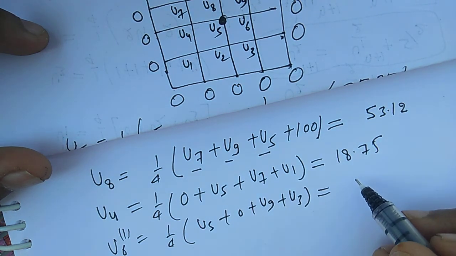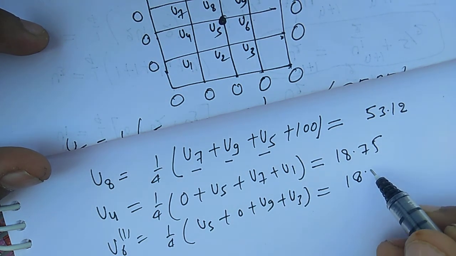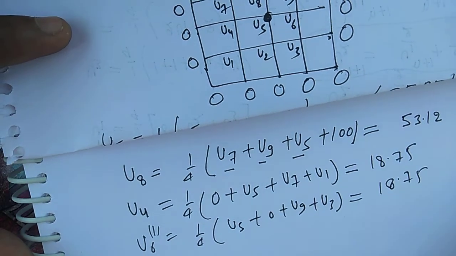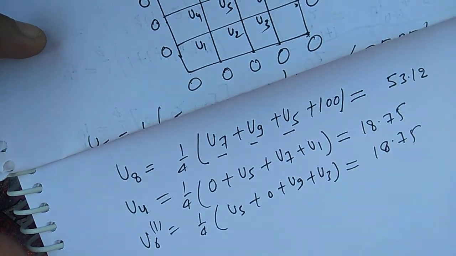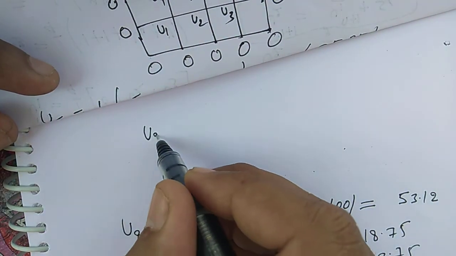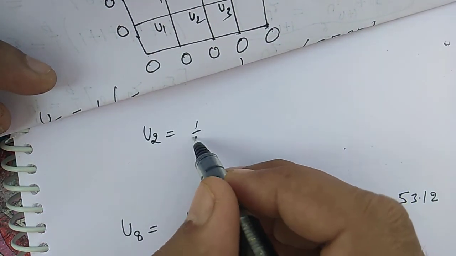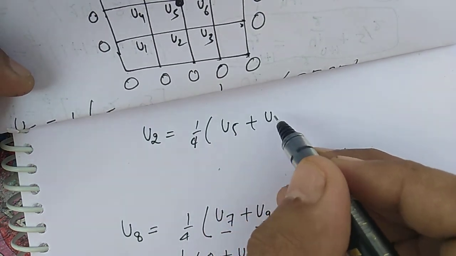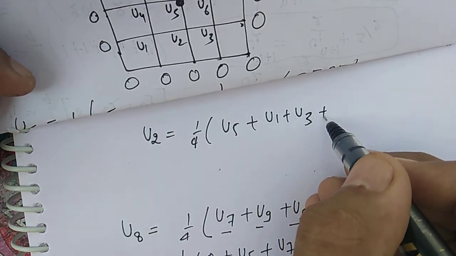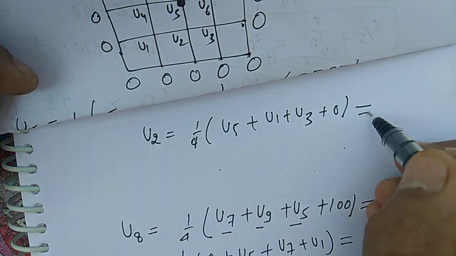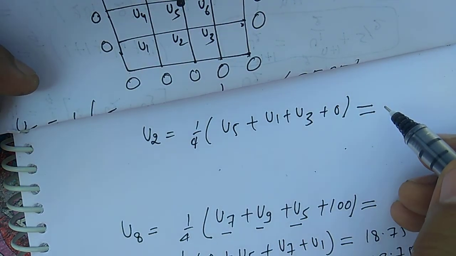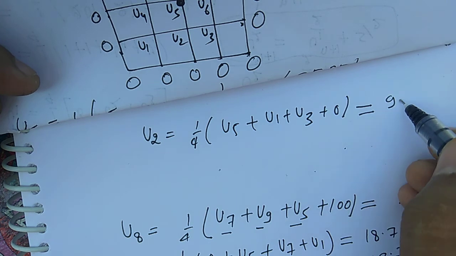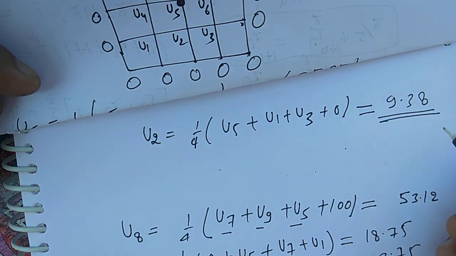So u6 will again be 18.75. And finally we can find u2. So u2 will be 1 by 4 of u5 plus u1 plus u3 plus 0. If you substitute the values of u5, u1, u3, we get 9.38.